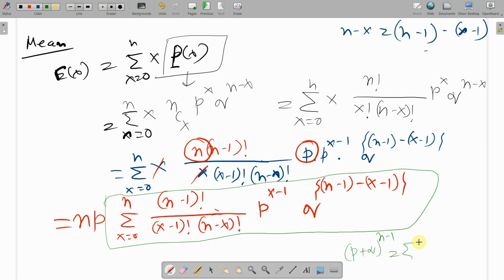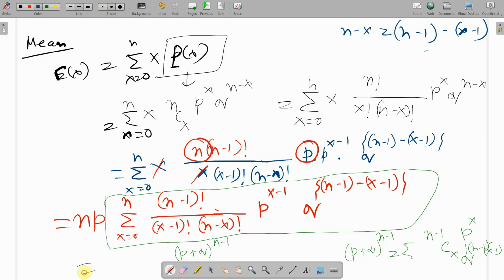I'm not writing the summation value. n minus 1 C x, p to the power x, q to the power n minus 1 minus x minus 1. जो फॉर्मूला मैंने अभी x plus y to the power n में डिस्कस कर रहे थे, same thing, what I did here, I actually rearranged and simplified my entire equation in this format so that I can write it as p plus q to the power n minus 1. जिसको समझ में नहीं आएगा वो बोलेगा. If you didn't understand, just let me know.